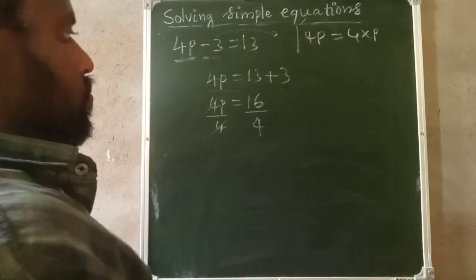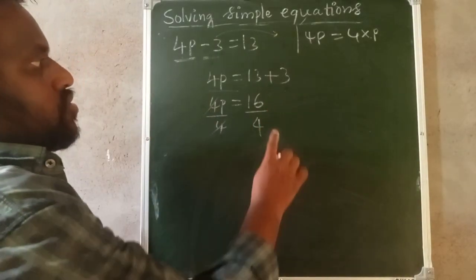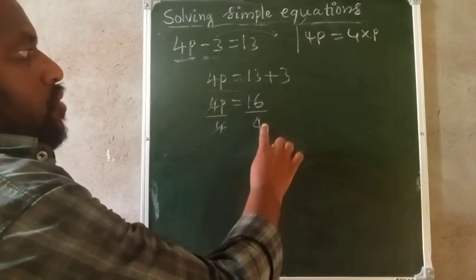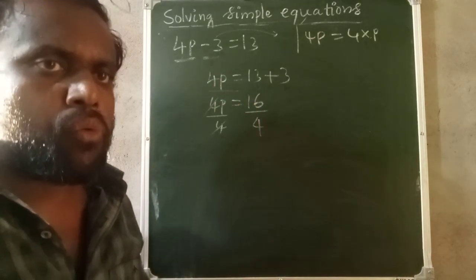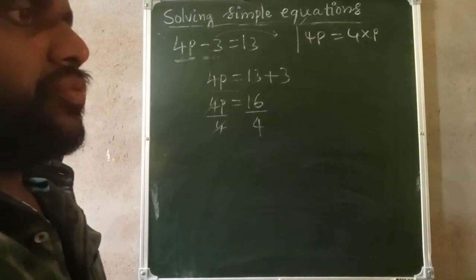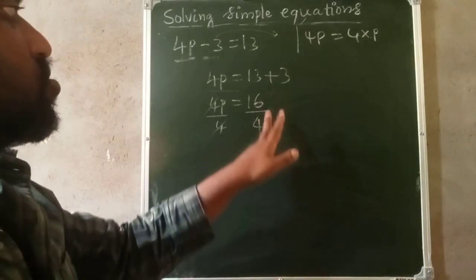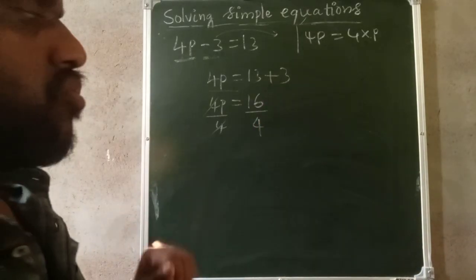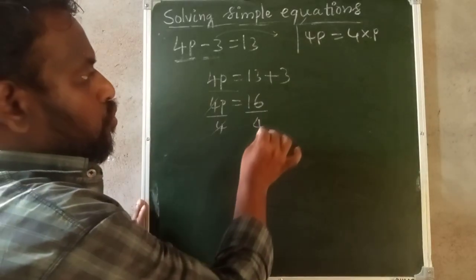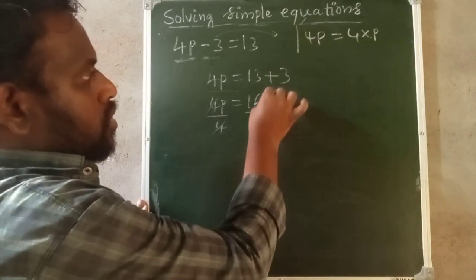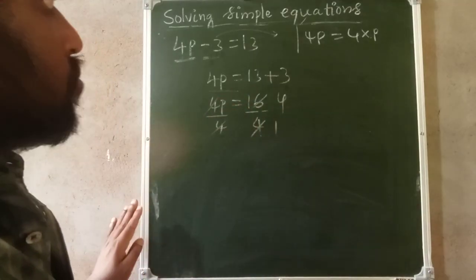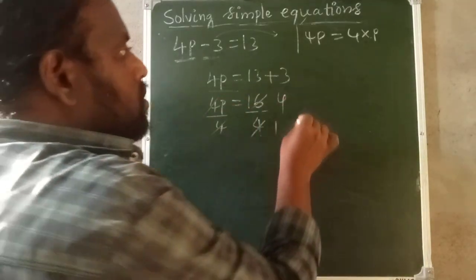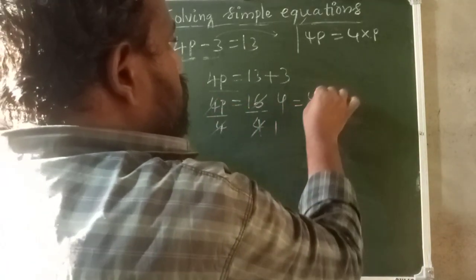Next, 16 by 4 means dividing 16 by 4. Now you take a number which can divide both 16 and 4. I will take 4. So 4 ones are 4, 4 fours are 16. So we got 4 by 1, which is equal to 4.